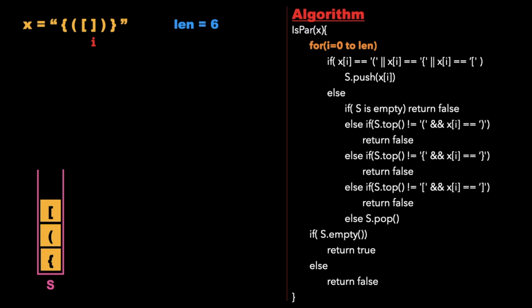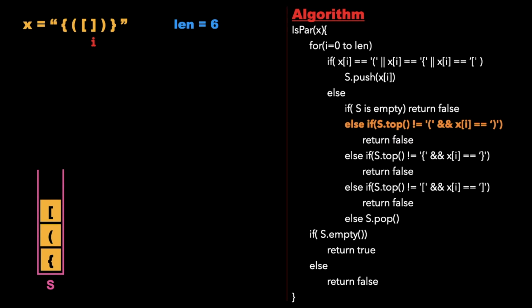Now i points to the fourth character, which is the closing square bracket. So this condition is false and we move to the else part. We check whether the stack is empty, which is also false. Here we check whether the top of the stack is not equal to the opening round bracket, which is true. But x of i is not equal to the closing round bracket; x of i is equal to the closing square bracket.